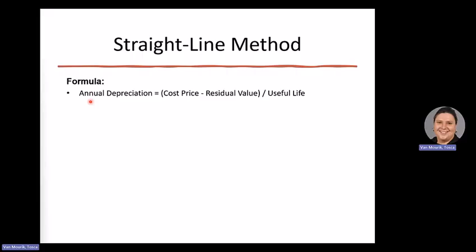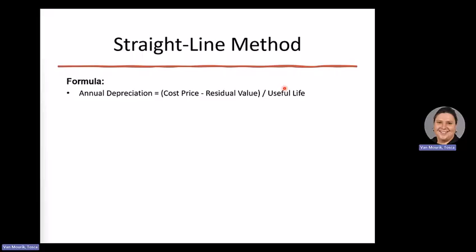Alrighty. So therefore we take the cost price less your residual value divided over the useful life. I just quickly want to stand still on this. When we calculate depreciation, we can give you the rates in two ways. The first way is to give it to you via the useful life. So we say to you, this asset will be used over the next 5 years.